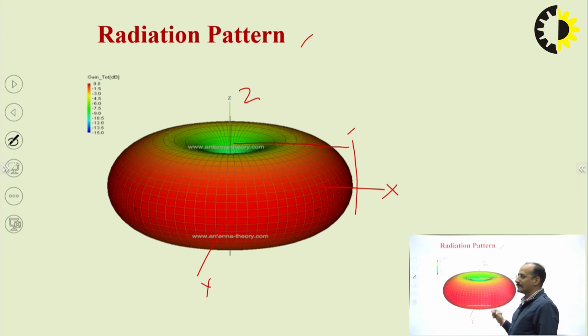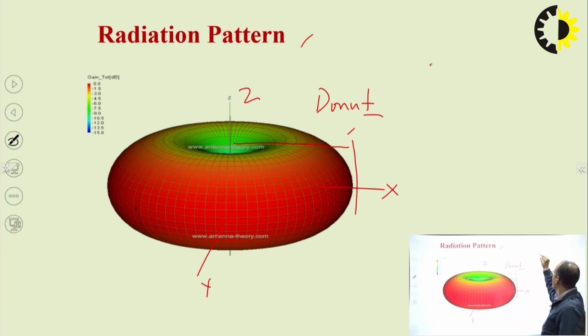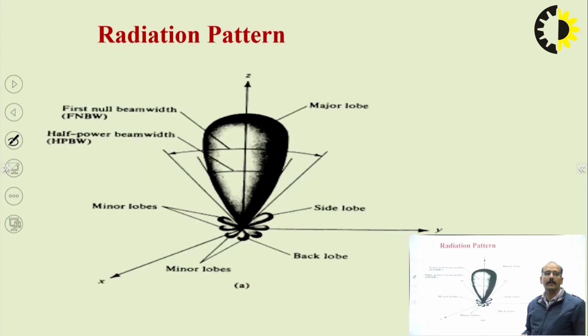This donut type structure is only possible in the 3-dimensional representation of the radiation pattern, but when you talk about 2 dimensions, this picture comes into play.